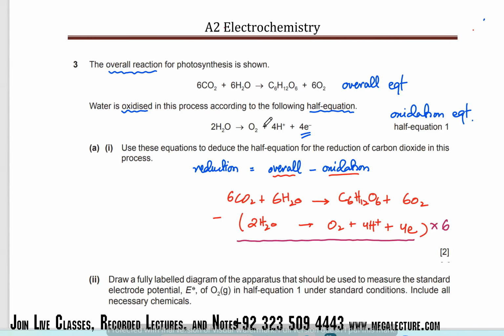ठीक है? Is that part clear? Yes, sir. अच्छा, so I'm going to multiply this entire thing by 6. तो ये आखिरी दो जो होंगे that will become 24.